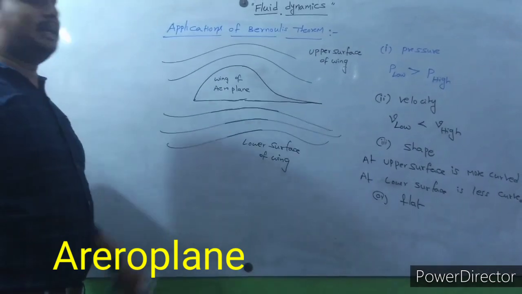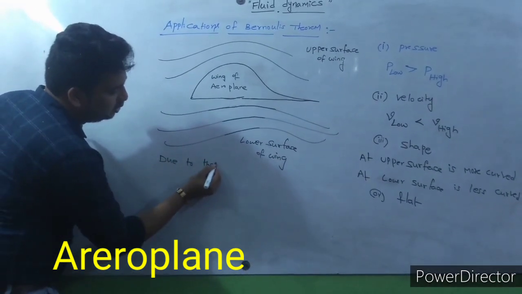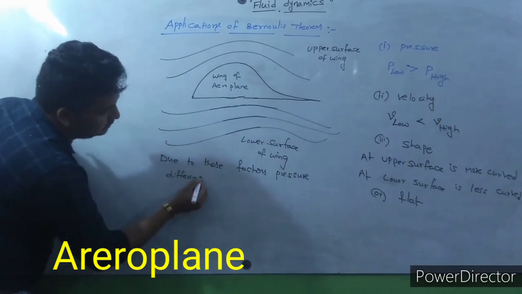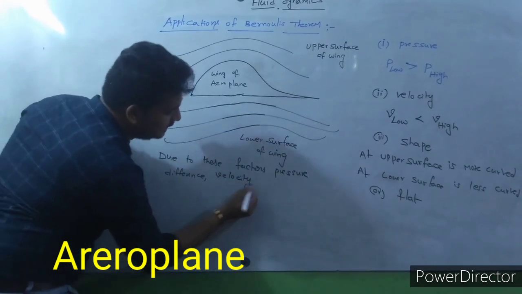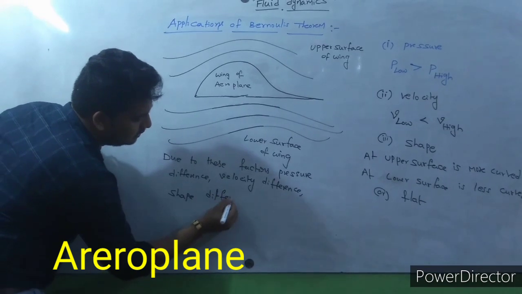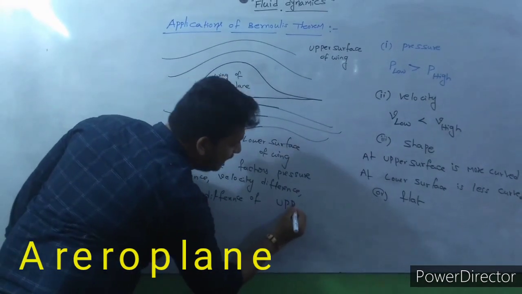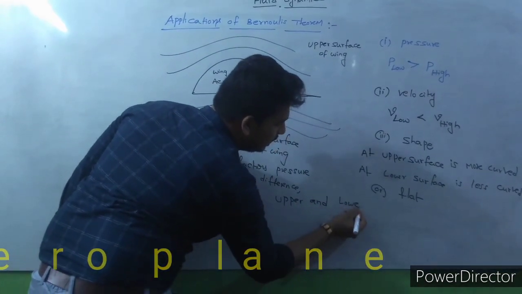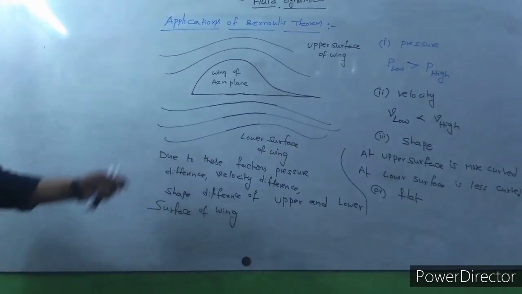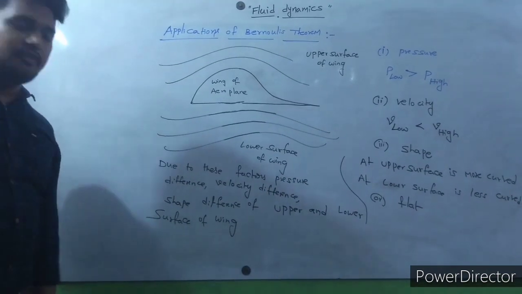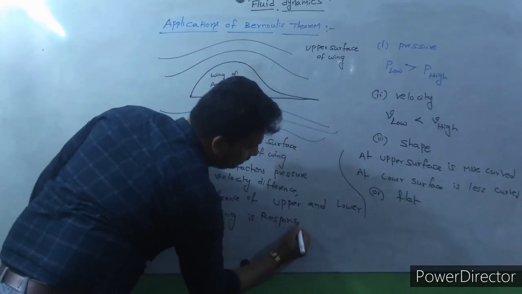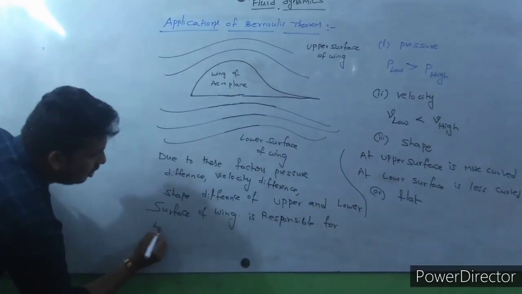Due to these factors, pressure difference, velocity difference, and shape difference of the upper and lower surfaces of the wing, the lower surface of the wing is responsible for lifting of the aeroplane.